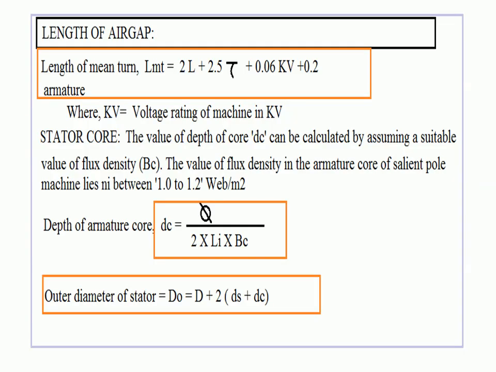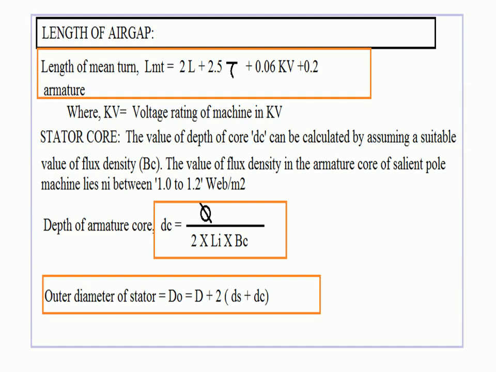Next, another important factor we have to design is the length of mean turn. The length of mean turn LMT equals 2L plus 2 tau plus 0.06 kV plus 0.2, where kV is the voltage rating of the machine in kilovolts.